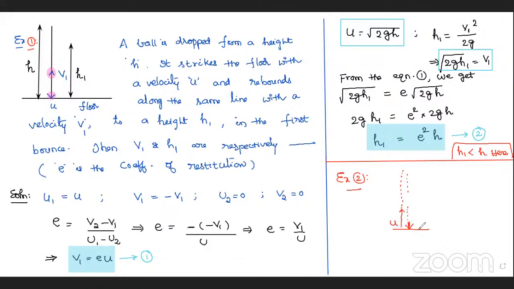It strikes the ground with the same velocity. What we discussed in motion in a straight line: the velocity with which it strikes the ground is equal to the velocity with which you project it up. Since it is in the opposite direction, we just take minus. That's it.